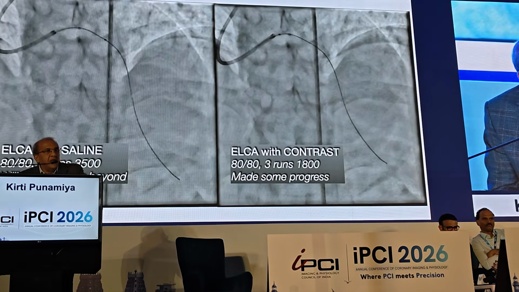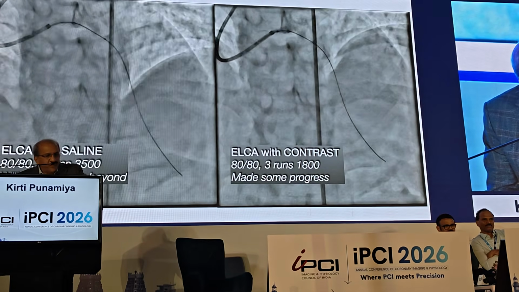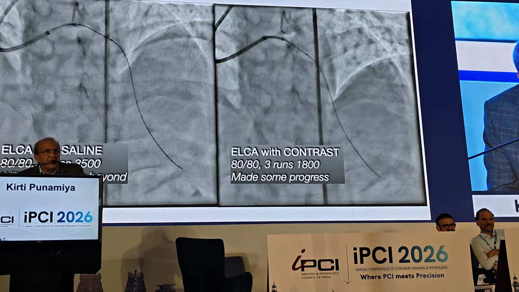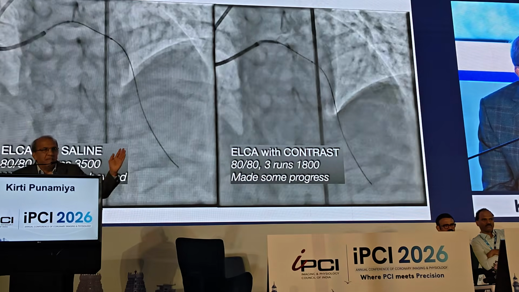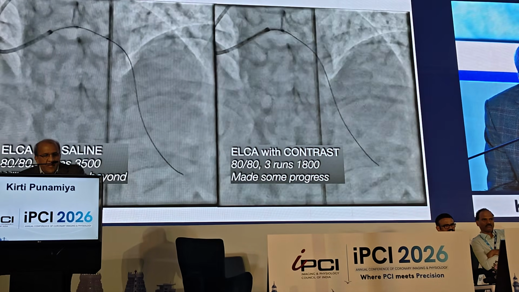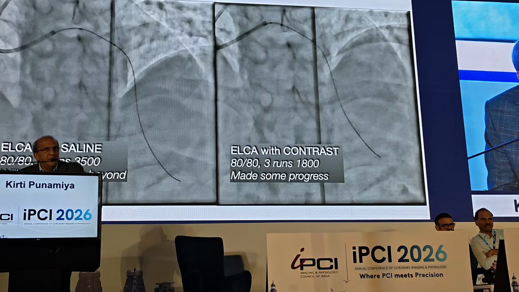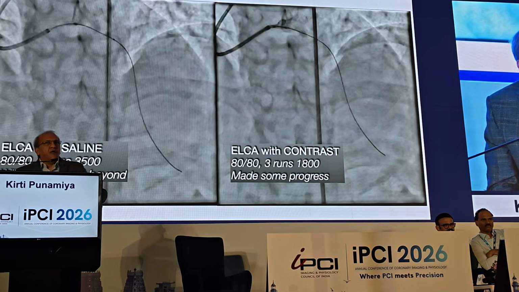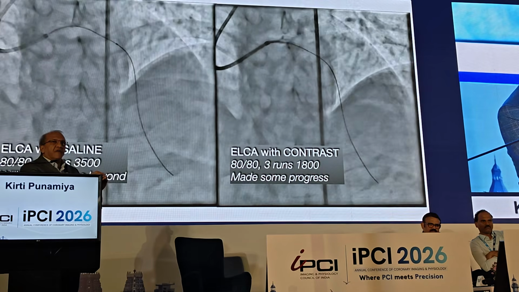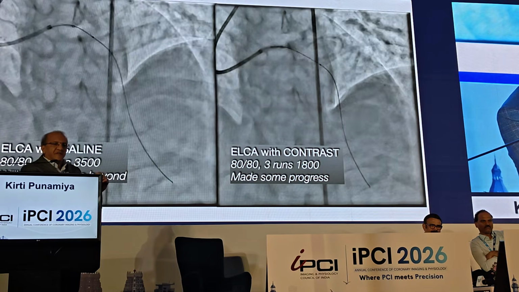We did an excimer laser with saline, around 3,500 pulses on 5 runs at 80-80, and 3 runs with contrast. Now contrast, because it's a CTO segment, sometimes you don't get enough volume of contrast in front of the catheter, so it may not be as effective.